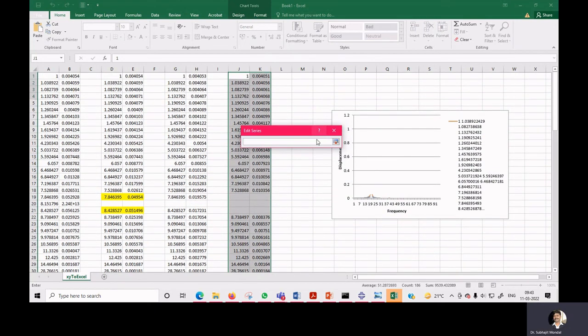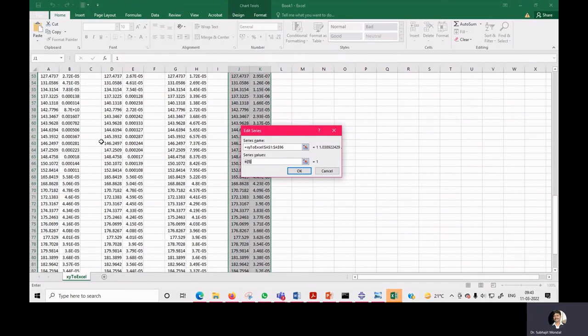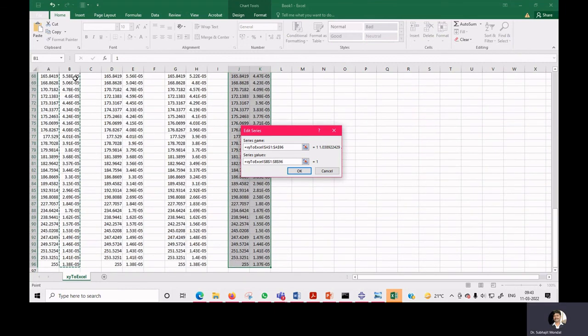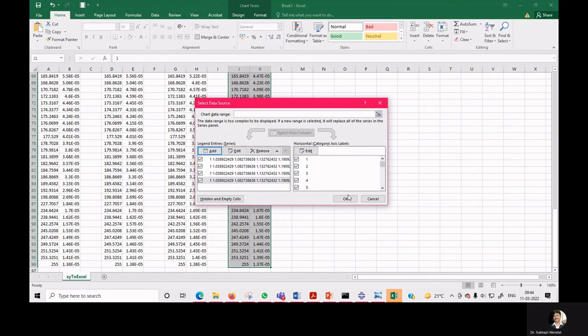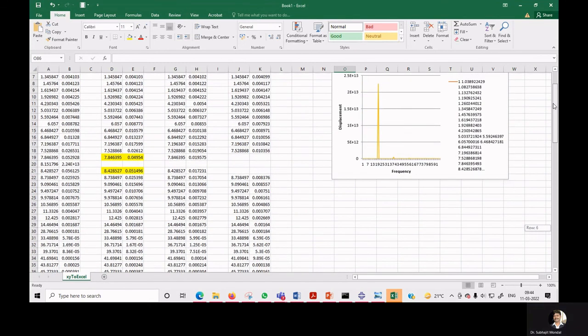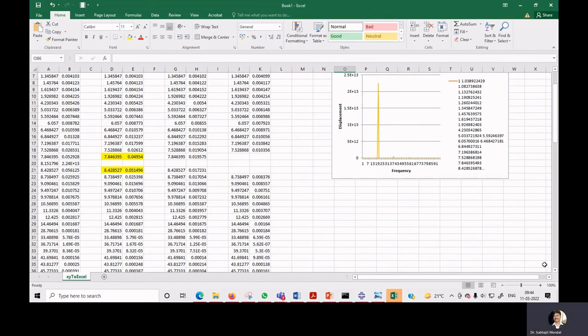Now you are selecting the data corresponding to the undamped system. If you select the data for undamped systems, what is going to happen?